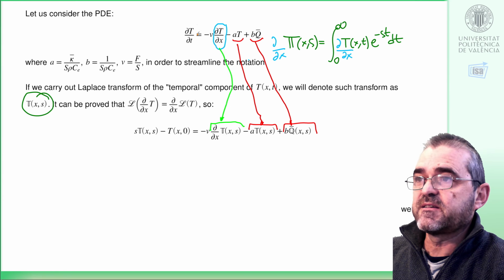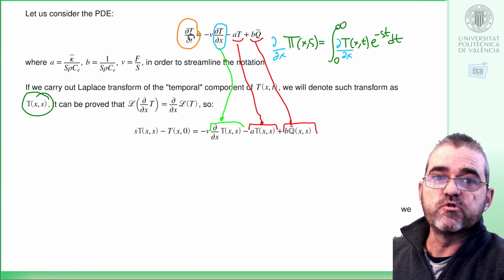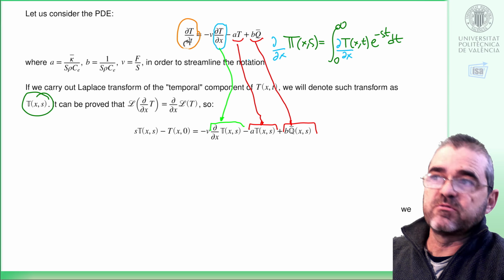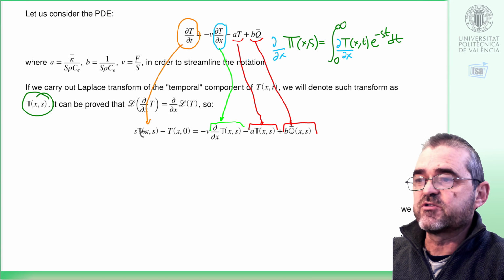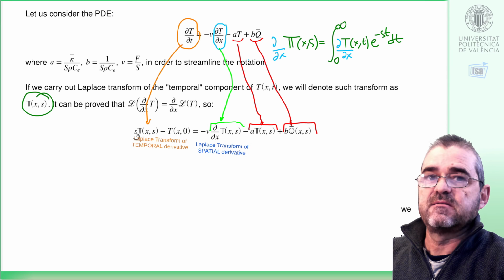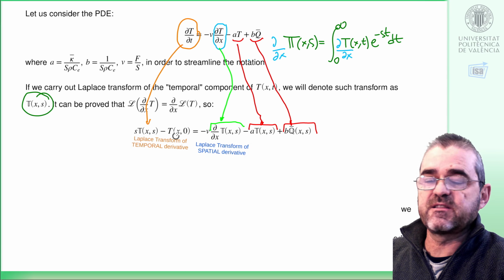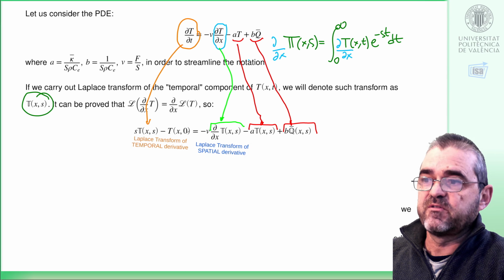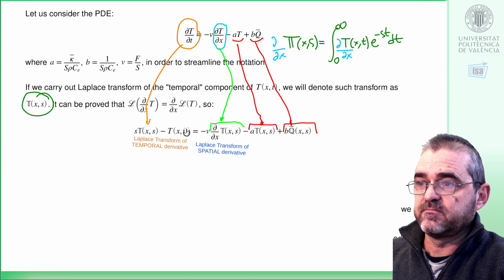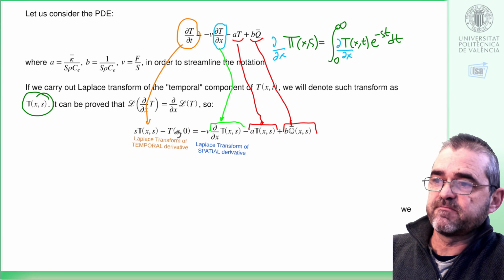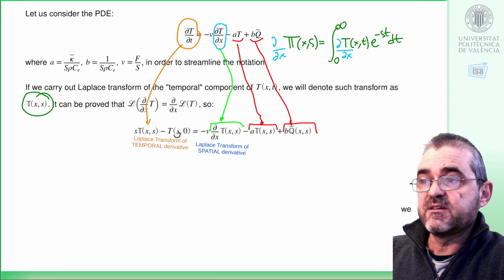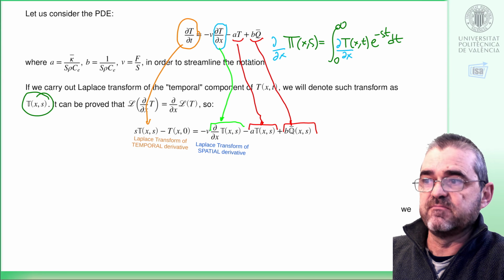And finally, this is the usual bit in control. The Laplace transform of the time derivative amounts to multiplying the Laplace transform by s and subtracting the initial condition for time equal to 0. Remember that we have a different Laplace transform for each position, so we can have a different initial condition for each position.